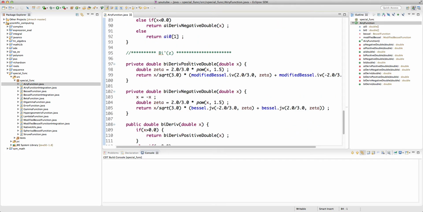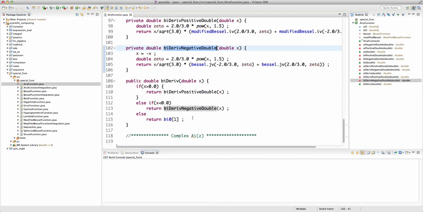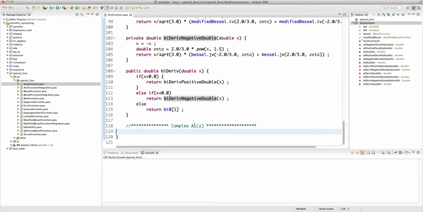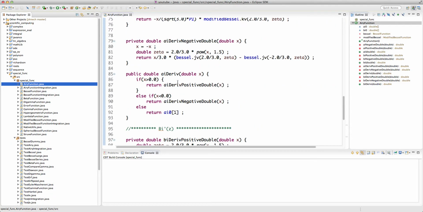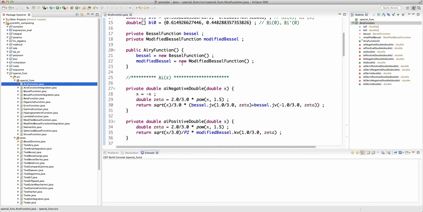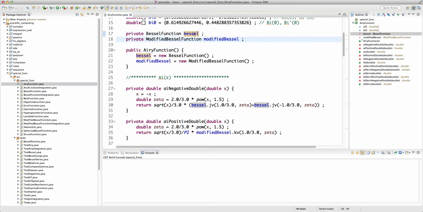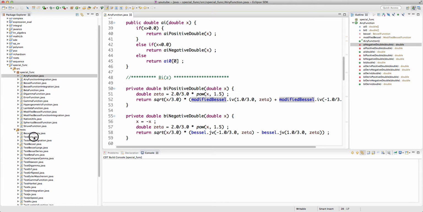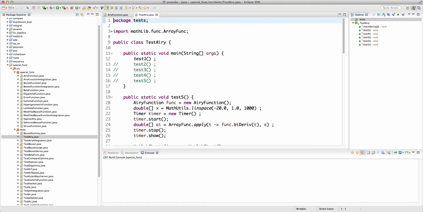And then Bi prime, Bi deriv positive, Bi deriv negative, and the Bi. All right. And I haven't implemented the complex implementation of the Airy functions, but we may look at it in the next lecture. All right. So this is the class, which is very simple because we already have these implementations for the Bessel and modified Bessel. So Airy functions becomes very simple, and I have this test class here, test Airy.